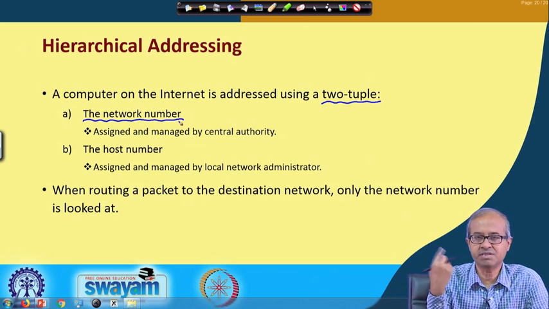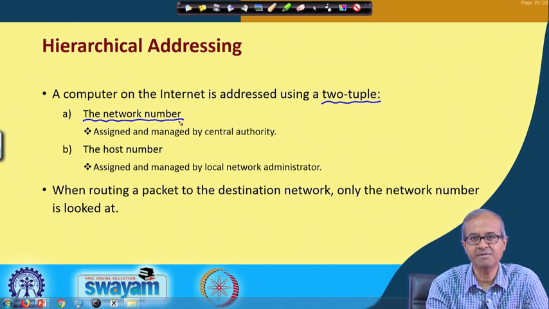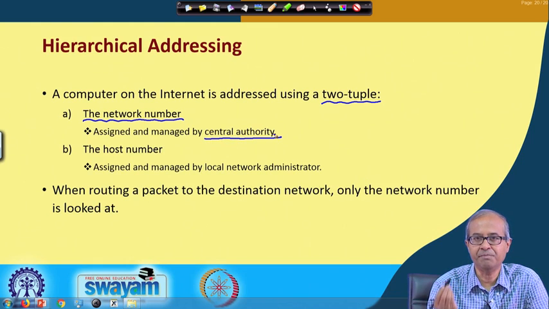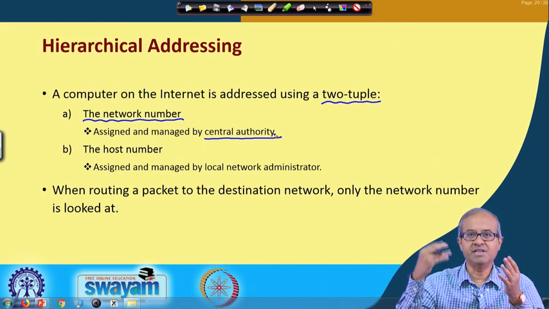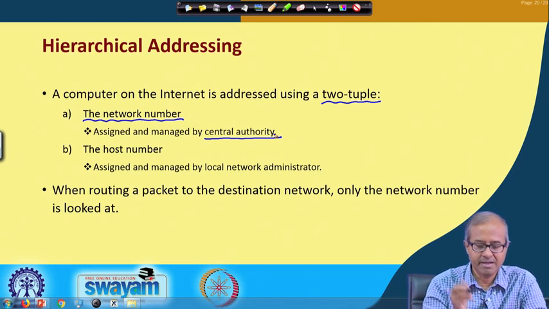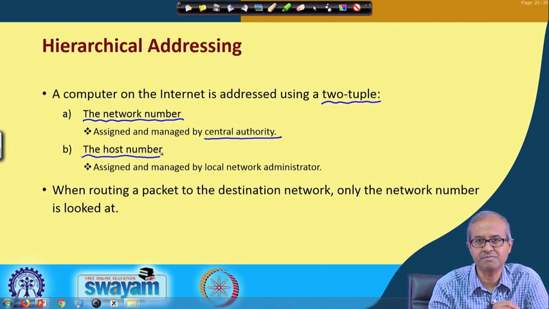All the networks in the world must be assigned a unique number. So, this has to be done by some central authority which manages these network numbers, and whenever you require to set up a new network, they will give you a unique number. And the second part is the host number within that network.